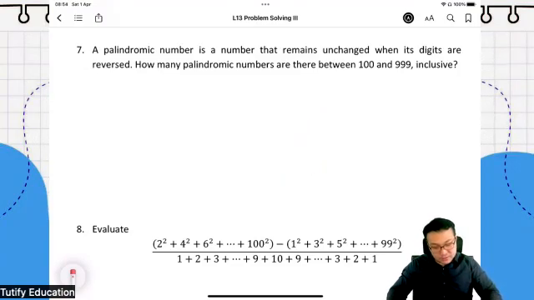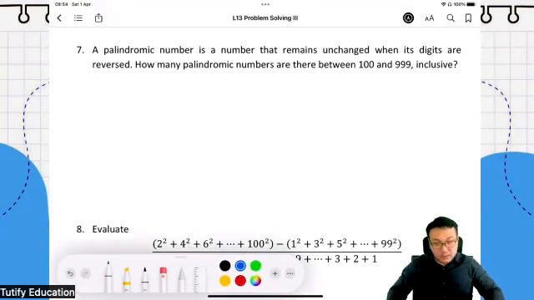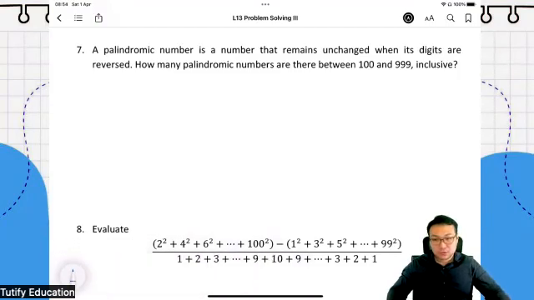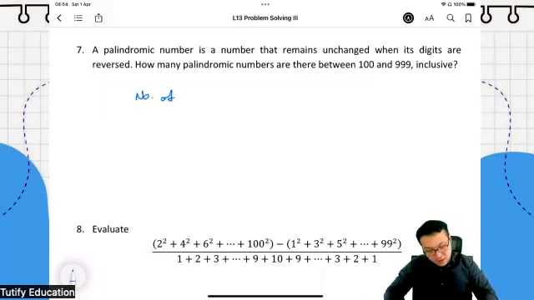Now, what do they want? They want you to find how many palindrome numbers there are from 100 to 999. So, let's write it down. The number of palindromes: 1 digit, 2 digits, 3 digits.